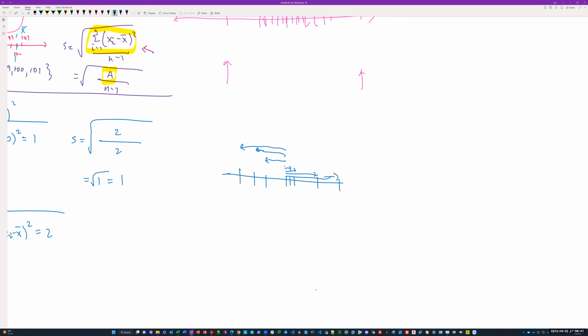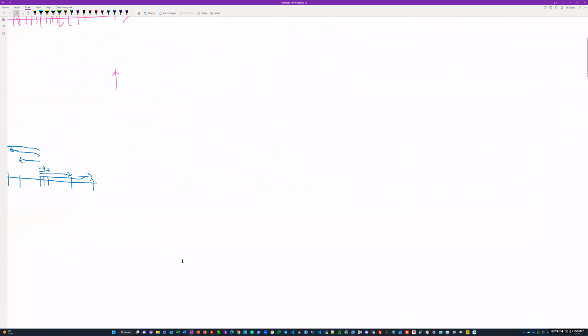Do you understand? What do you mean by some square? Square just means like, if you say five square, it just means 5 times 5. That's all I mean. I'm just saying, if you have x i, the formula says this thing here.